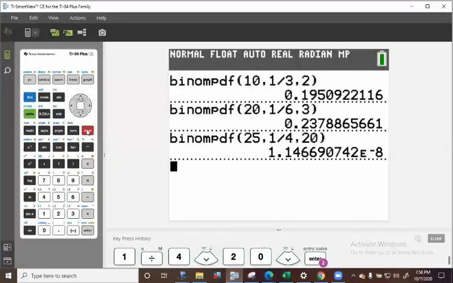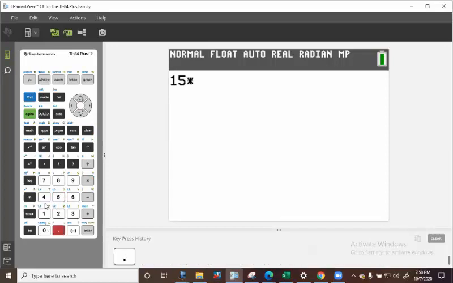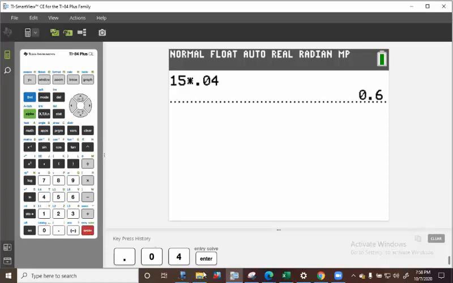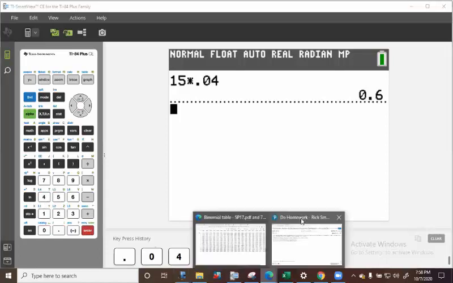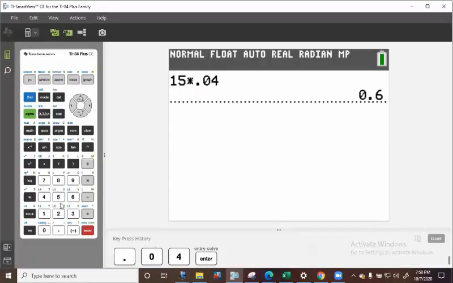So I told you there's no fancy formula here. N was 15, I think. I already forgot. I know this is 0.04. Let me double check. Let's see if that was the right numbers. Nope, 25. Dang it. I thought that felt wrong. It's 25 times 0.04. Oh, that's just going to be 1.